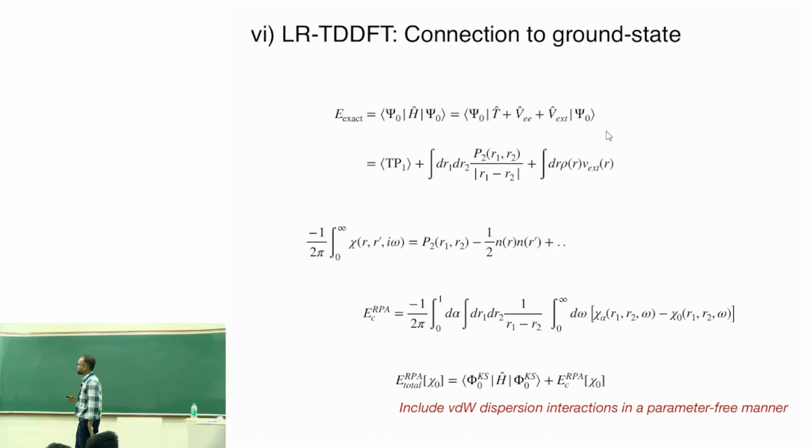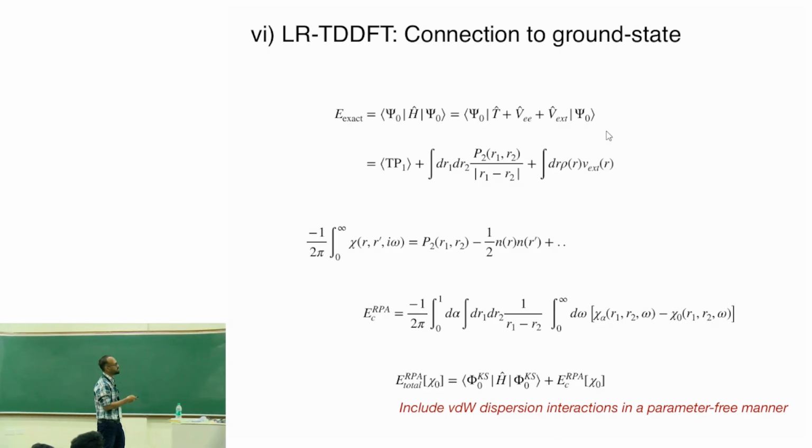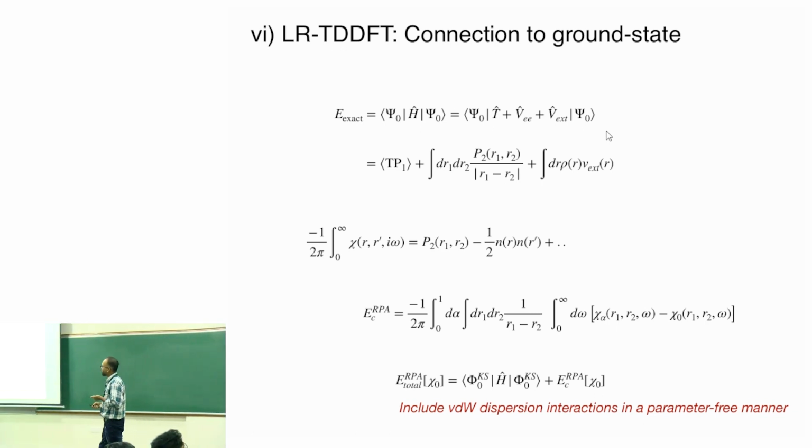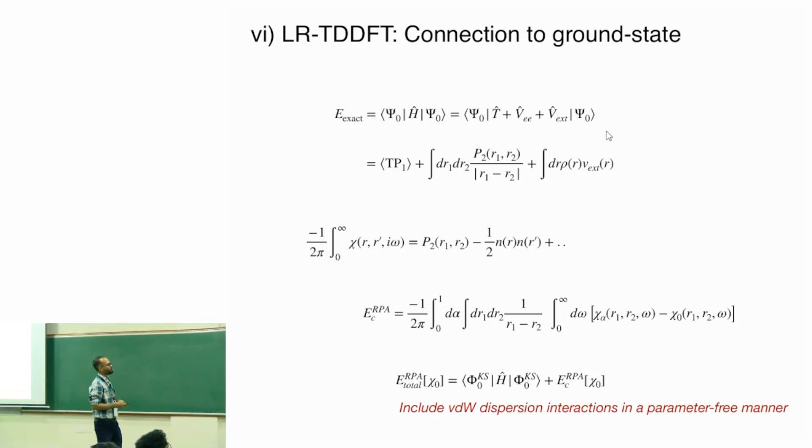So this is quite fascinating actually, right? If I want to write the exact energy function, I don't need the wave function. I only need the pair density. In fact, from pair density, I can get the one particle density. And then I just need the density matrix, P1.